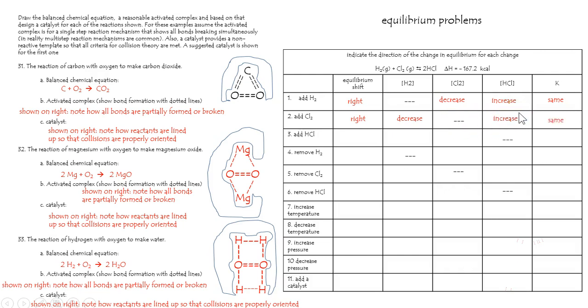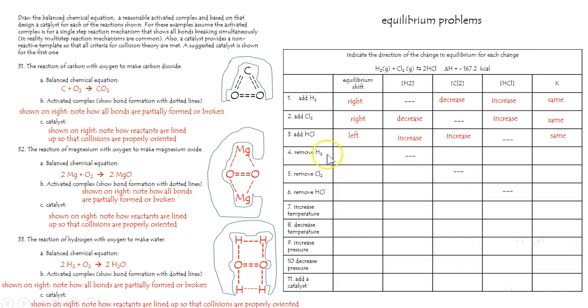The hydrochloric acid concentration, if this is shifted to the right, will increase, and K doesn't change because the temperature does not change. Adding HCl is a product, so that's going to shift to the left, making the concentration of hydrogen increase and the concentration of chlorine increase while keeping K the same value.